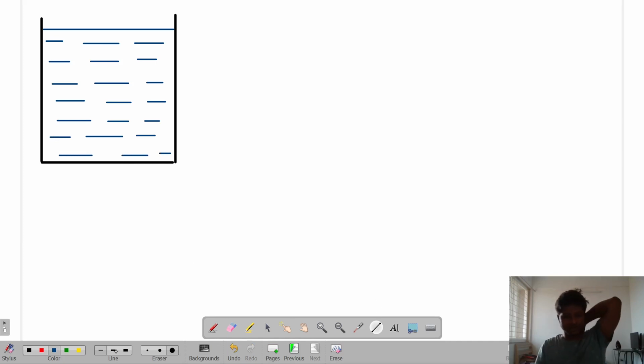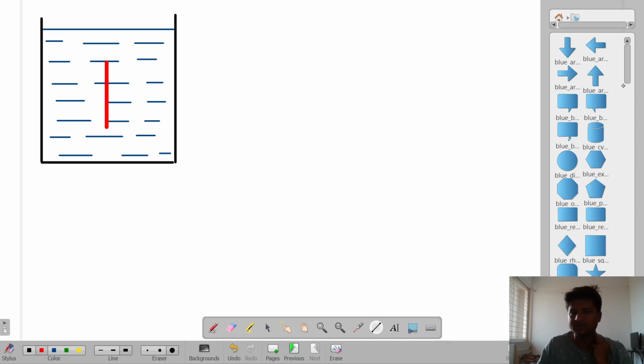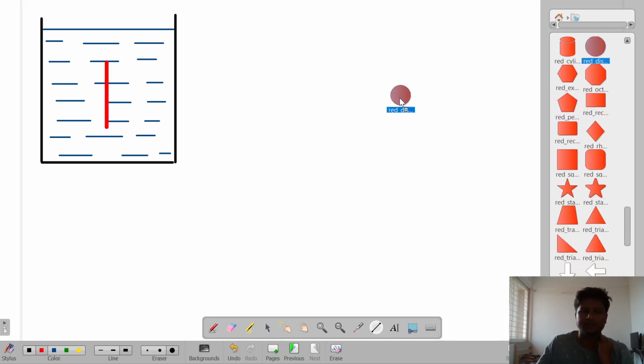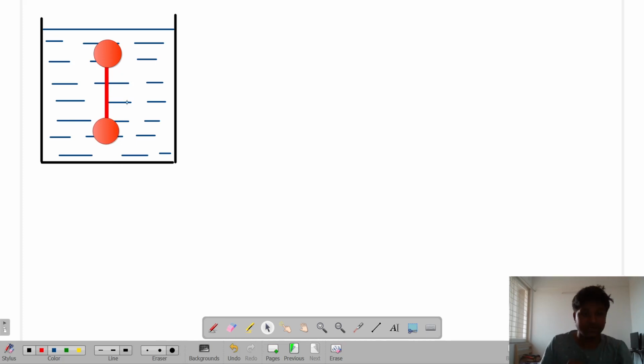Okay. Now look over here. There are two blocks, means two spherical balls, which are attached like this way. This is a string over here.